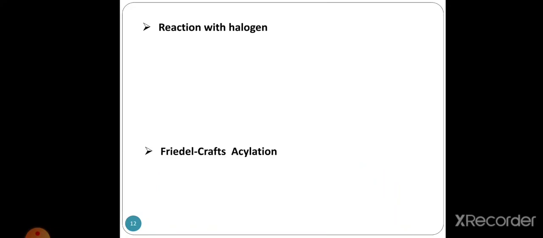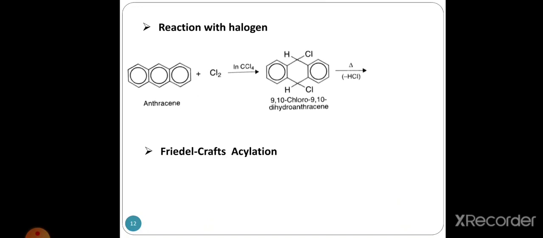Next, reaction with halogen. Anthracene reacts with chlorine in carbon tetrachloride at room temperature to give 9,10 dichloro 9,10 dihydro anthracene, which is an addition product.